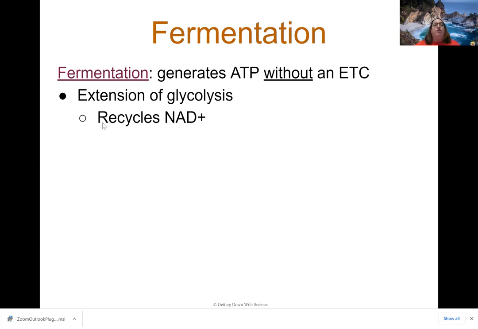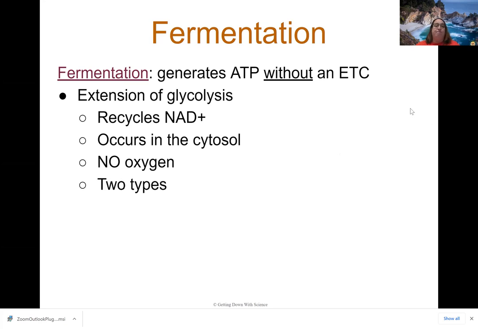In this case, we're going to recycle the NAD+, and it's going to occur in the cytosol just like glycolysis does. And remember, this is a situation where no oxygen is present.